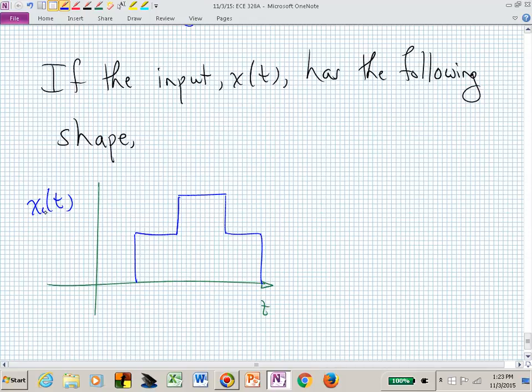And maybe I'll call it x sub 4, just so we have it not as just x. Let's say this is our input, x sub 4 of t. What is y sub 4 of t?